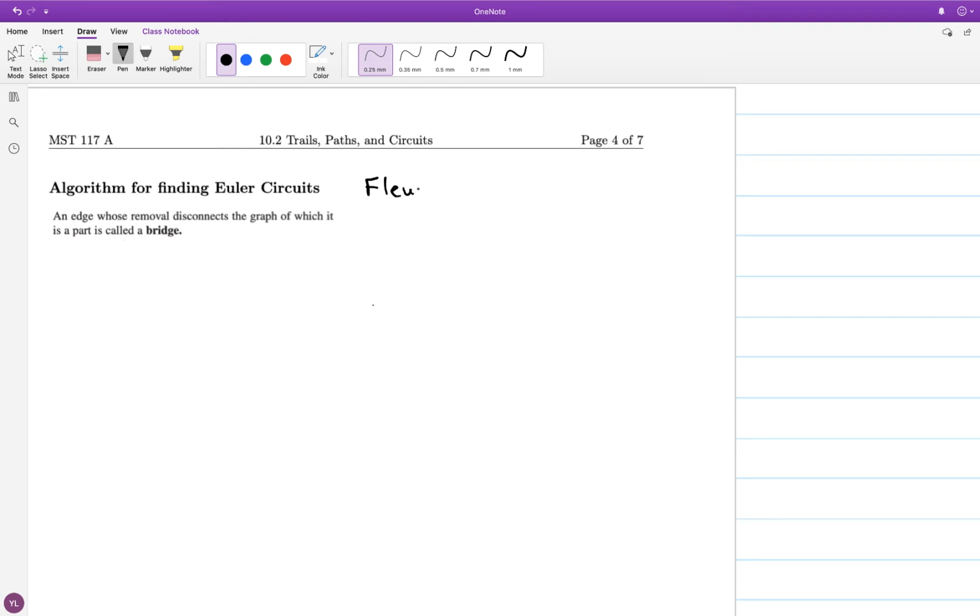This is an algorithm that produces an Euler circuit anytime you have a connected graph whose vertices are all even. It uses the notion of a bridge, so let me explain what a bridge is quickly.